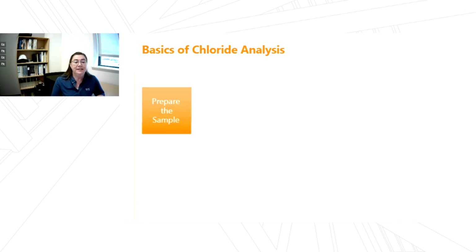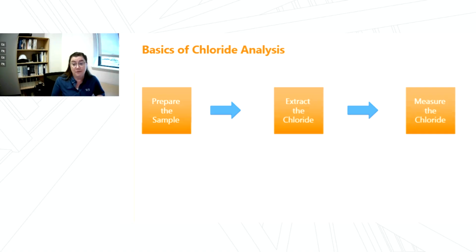So first, we're going to need to prepare our sample that we're testing. Then we're going to need to extract the chloride out of that sample. And then we measure the chloride that came out. And while this is a very simple process, there are things that make each step a little more complicated. So we have to think through, before we can prepare our sample, what type of sample do we have and what condition is it in?